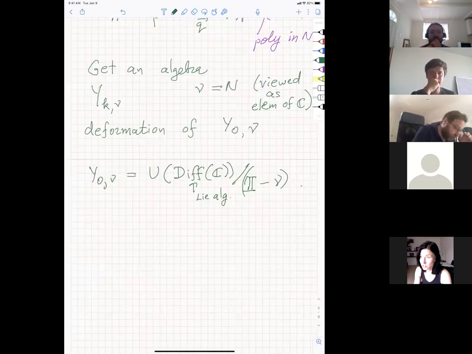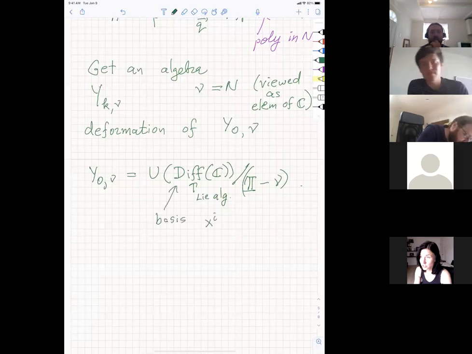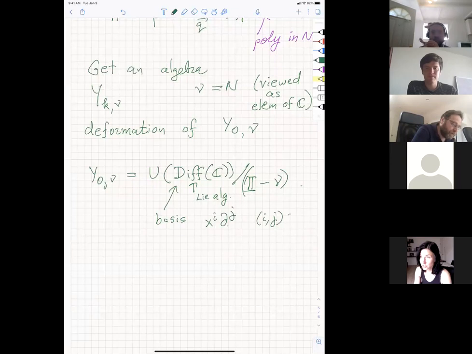And so in other words, this algebra has basis x^i d^j, where i and j are in Z_+ cross Z_+. And so this is a deformation.